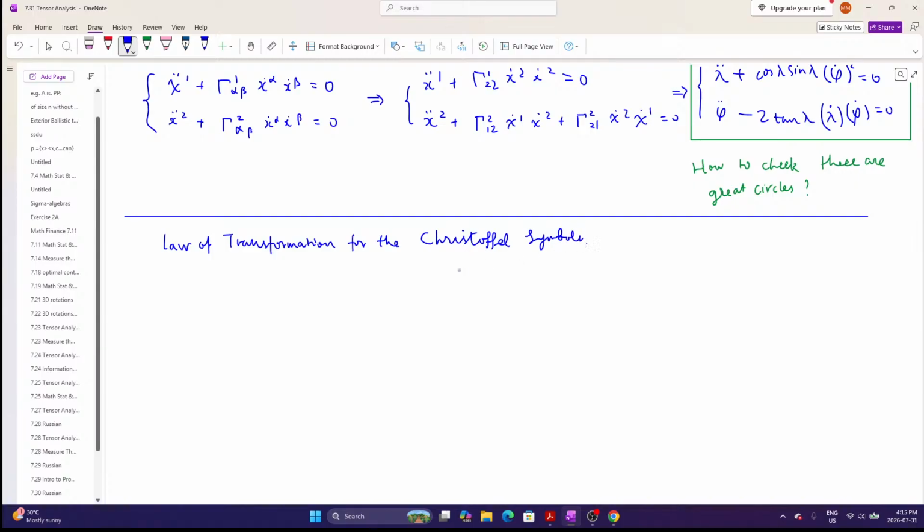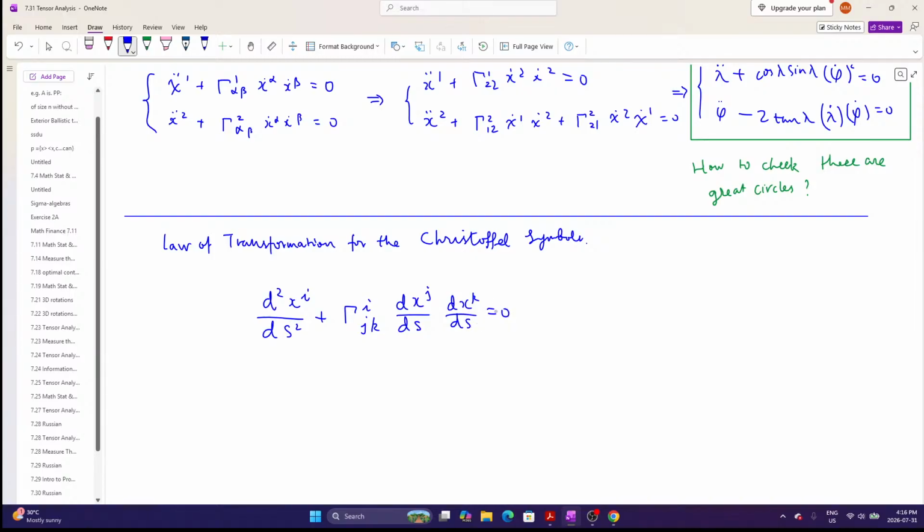So recall that the geodesic equation is given by the following: d squared x i over ds squared plus gamma i j k times dx j over ds times dx k over ds.